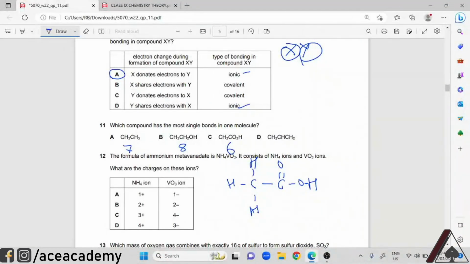And then in option D we have something like this. Three carbon atoms in the main chain and then we have these hydrogen atoms over here.